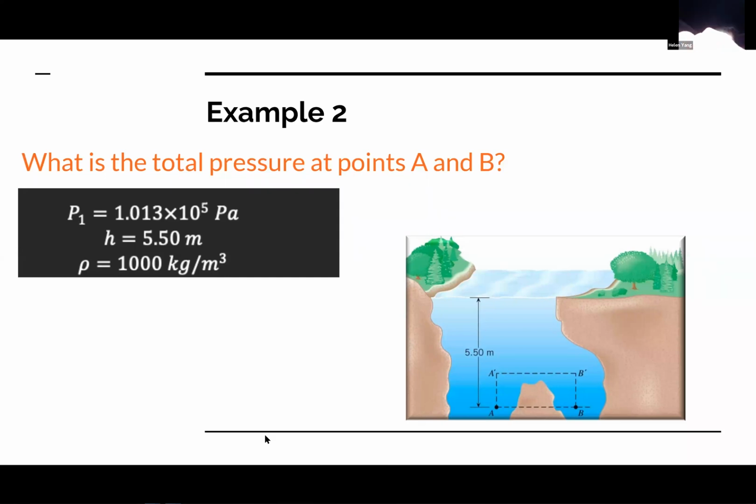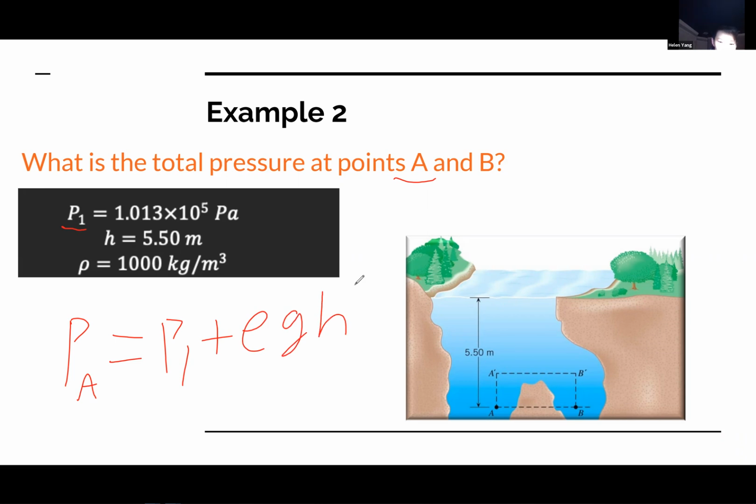Okay, so I'll explain the question now. Since you're already given one of the pressures, if we're trying to find the pressure of point A, for example, it would be the pressure of A is equal to P1 plus the density times g times h.